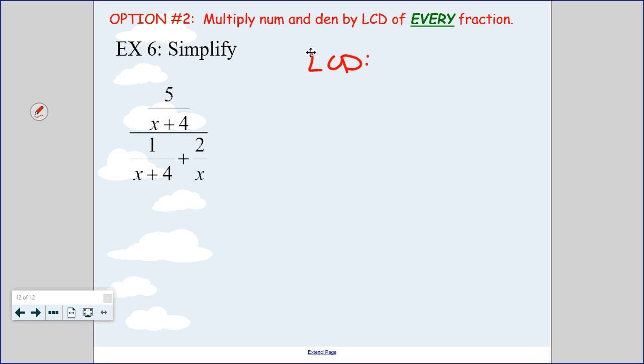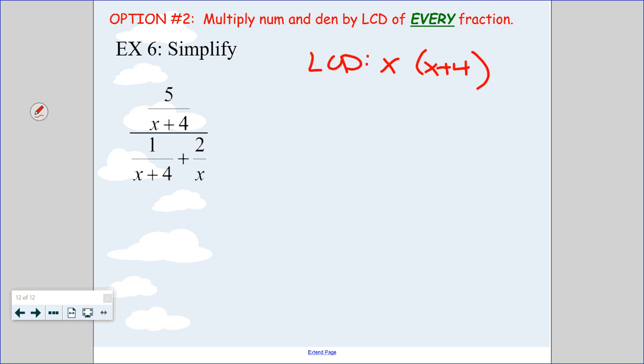So this is one denominator: I have x plus 4. In this denominator, I have x plus 4. And in this denominator, I have x. So what is my least common denominator between all of them? An x and x plus 4. That's my least common denominator.